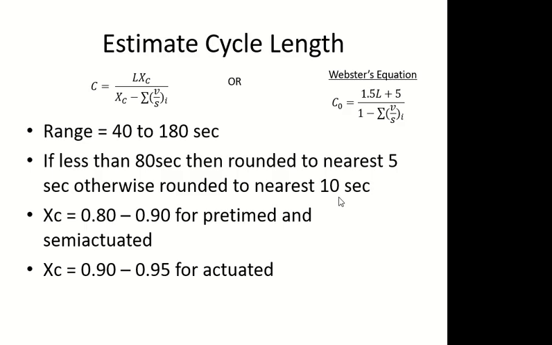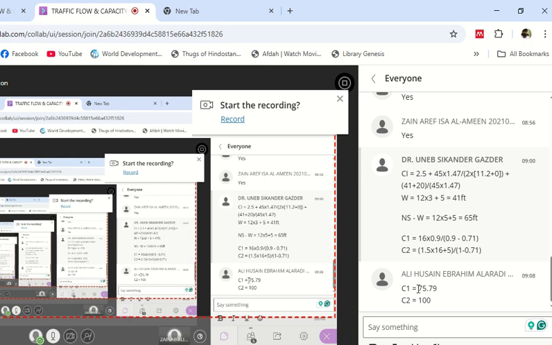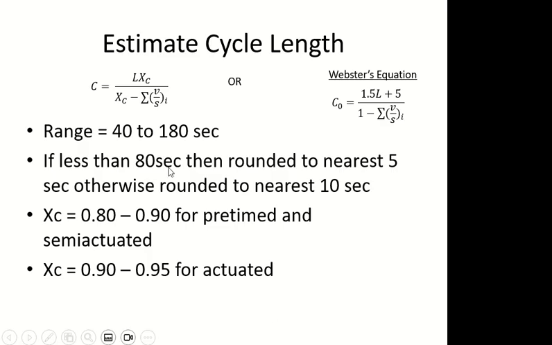Okay, so in this case, we have 75.79. It is less than 80 seconds, right? C1 is less than 80 seconds. So should I round it off to 80 or 85? According to this rule, this 75 point something should be rounded off to 80 or 85.